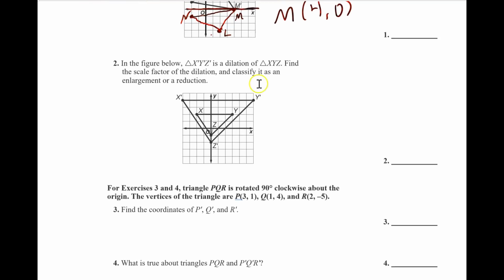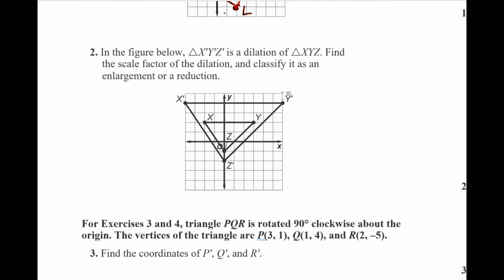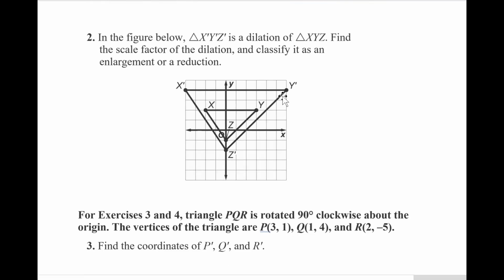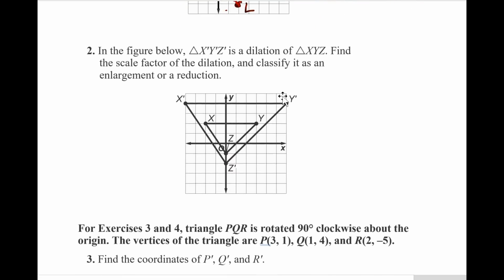I'm going to blow this up. Number 2, in the figure below, x prime, y prime, z prime is a dilation of triangle XYZ. Find the scale factor of the dilation and classify it as an enlargement or a reduction. Well, this is the image. If I write it, you write it.